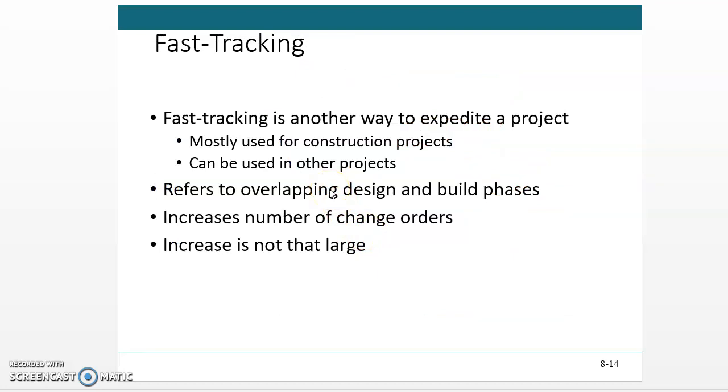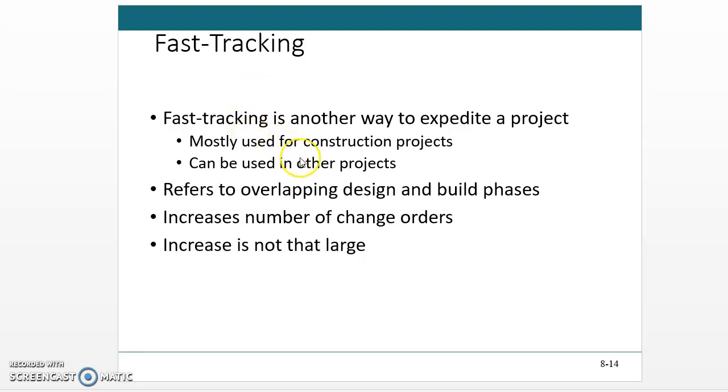Fast tracking is another approach for reducing the duration of the project. It is different from crashing, because in crashing you reduce the duration of the activities, but in fast tracking it is not necessary to reduce the duration of the activities. Rather, you overlap different activities.